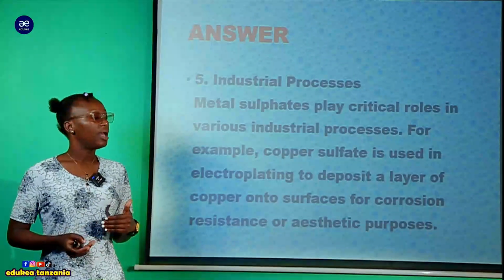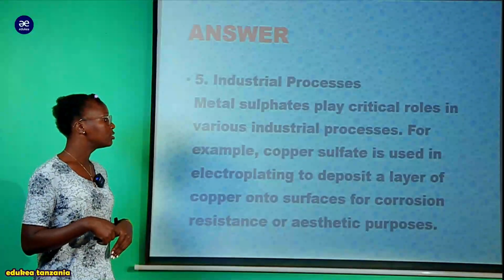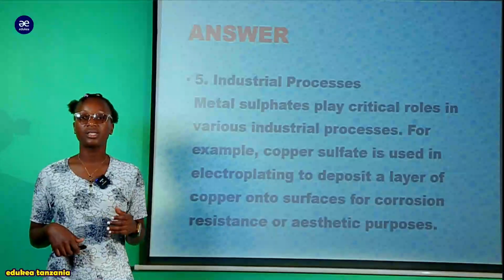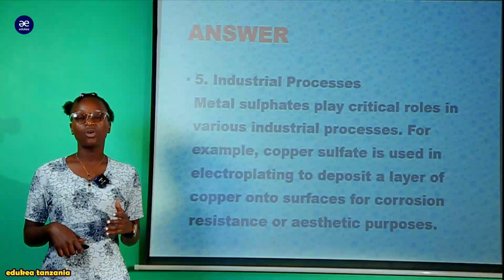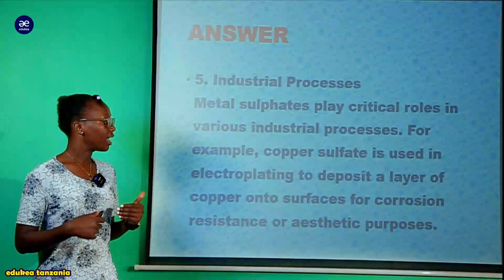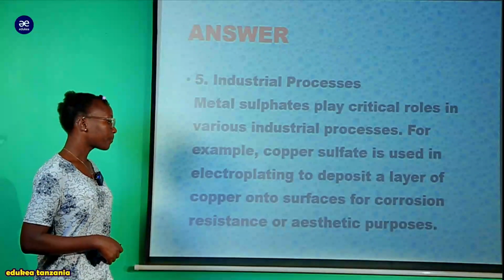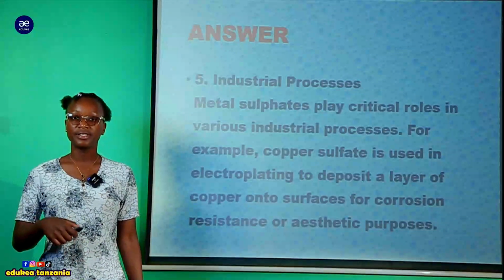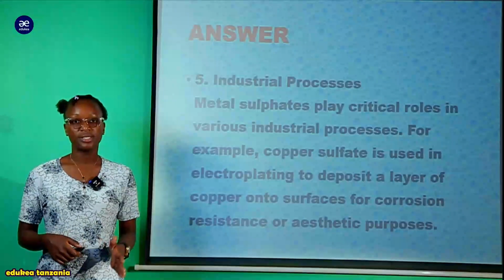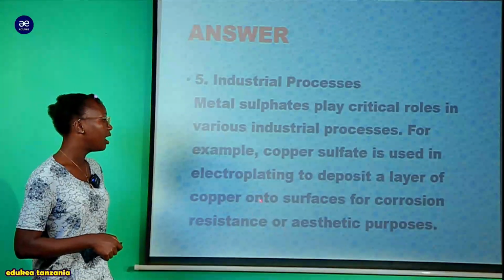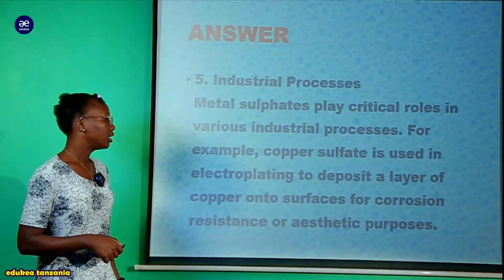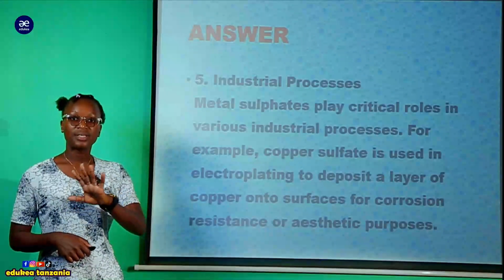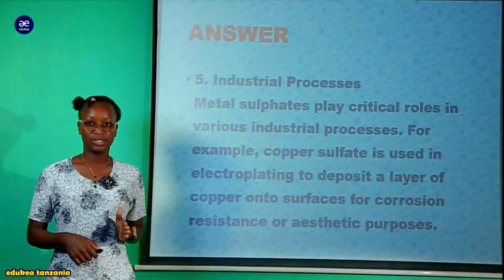Kwa hiyo utaona kwamba in the industry they tend to use those copper sulfate compound so as they can able to make this electroplating mechanism or electroplating process for the aim of ensuring that kunakuwa na hiyo corrosion resistance, lakini aesthetic process katika different substance. Kwa hiyo hii copper inakuwa deposited kwenye surface of a certain substance and so forth.